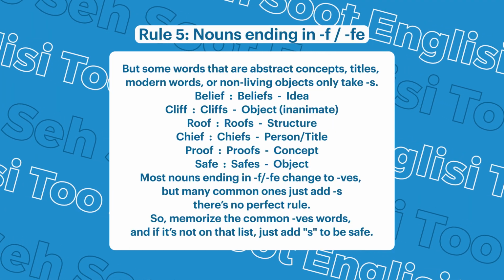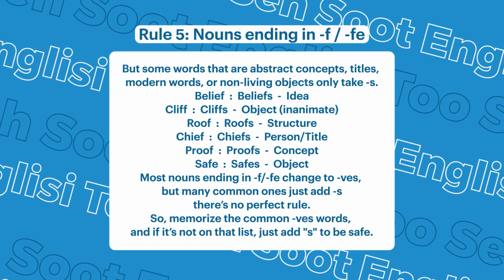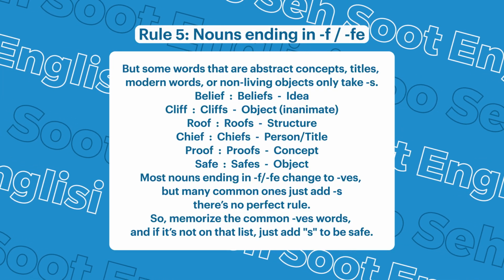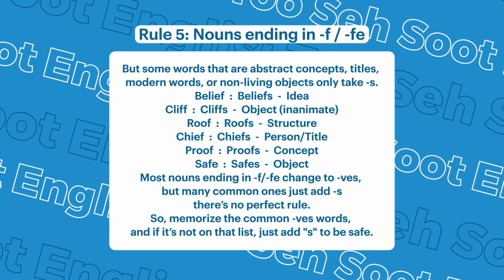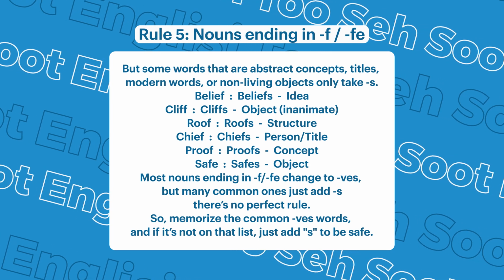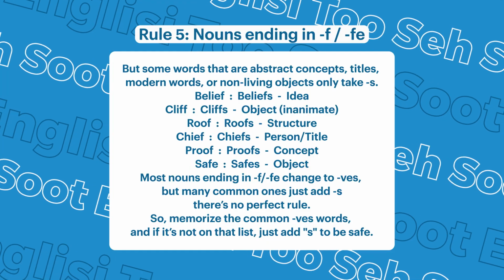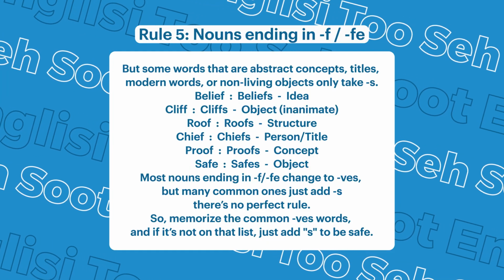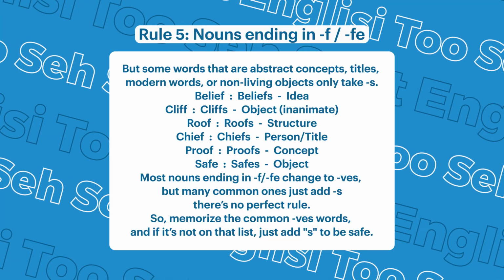Safe becomes safes, it's an object. And note that most nouns ending in f or fe change to ves, but many common ones just add s. There is no perfect rule. So memorize the common ves words, and if it is not on that list, just add s to be safe.